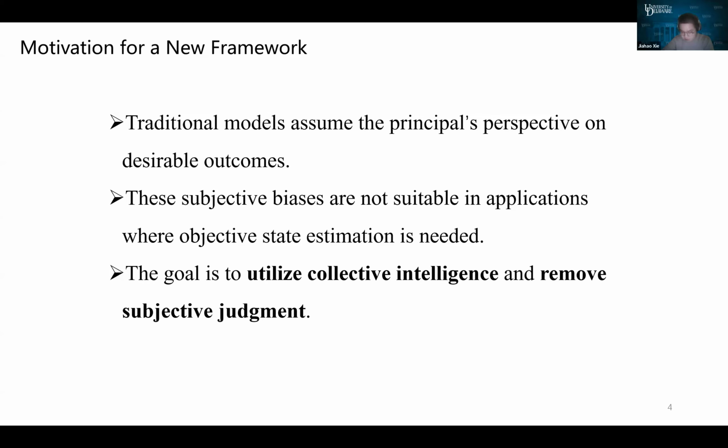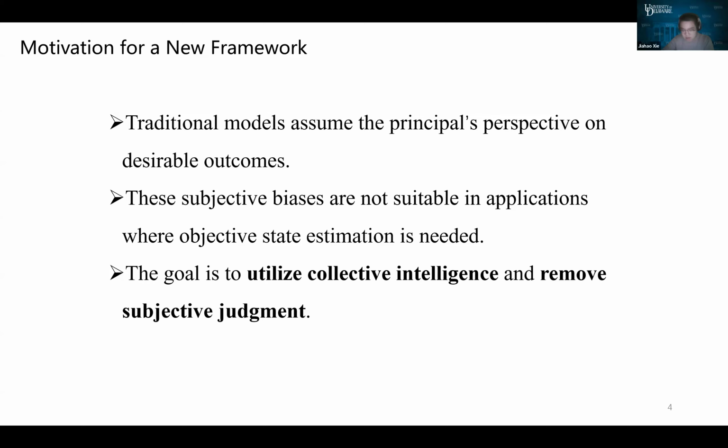Instead, the proposed solution is to use prediction markets. In a prediction market, a group of agents, each with their own beliefs, submit their predictions or estimations about a certain outcome. Over time, these predictions aggregate to form a consensus that reflects the wisdom of the crowd.